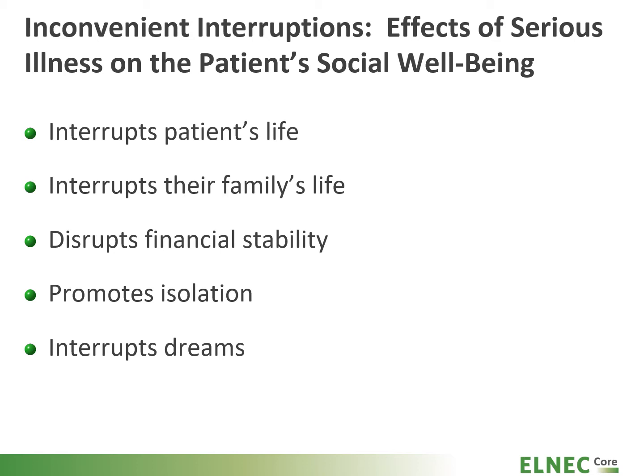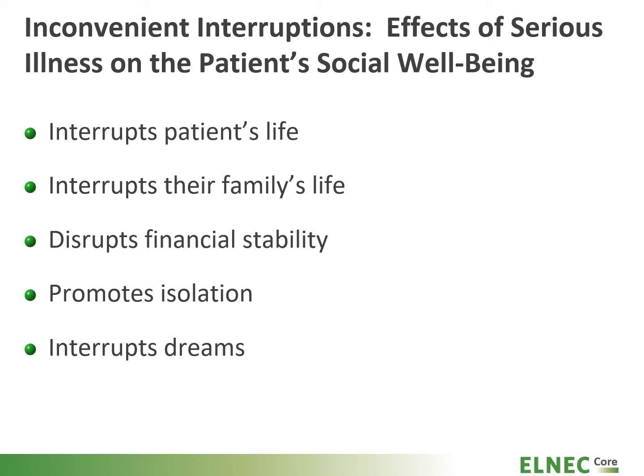Family life is interrupted, especially if it's a young parent or a child that is dying or terminally ill. Even an older adult perhaps is cared for by a child or a grandchild. It's very disruptive to that life and that family process.